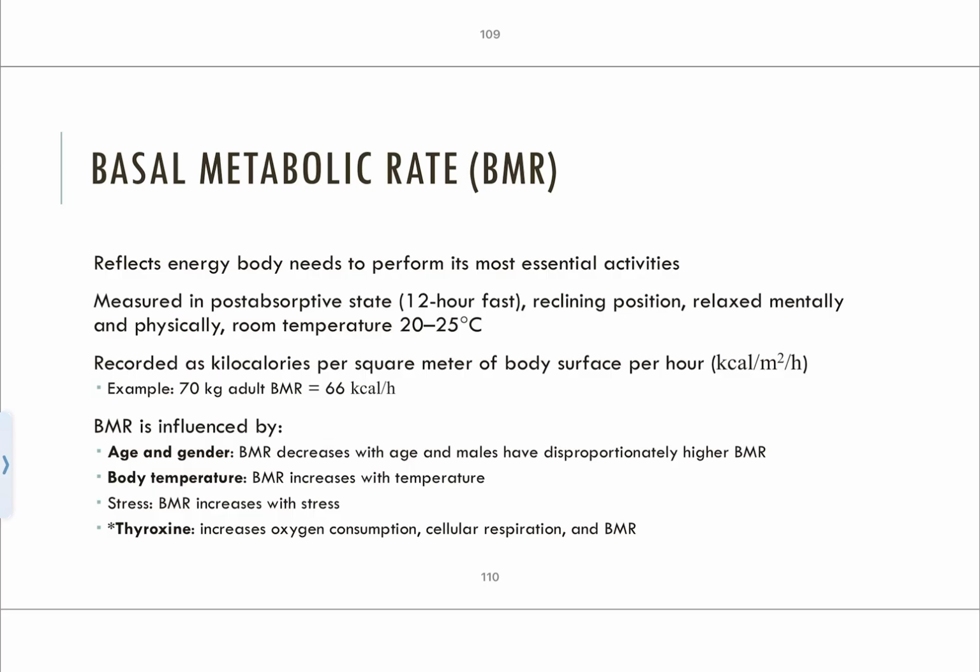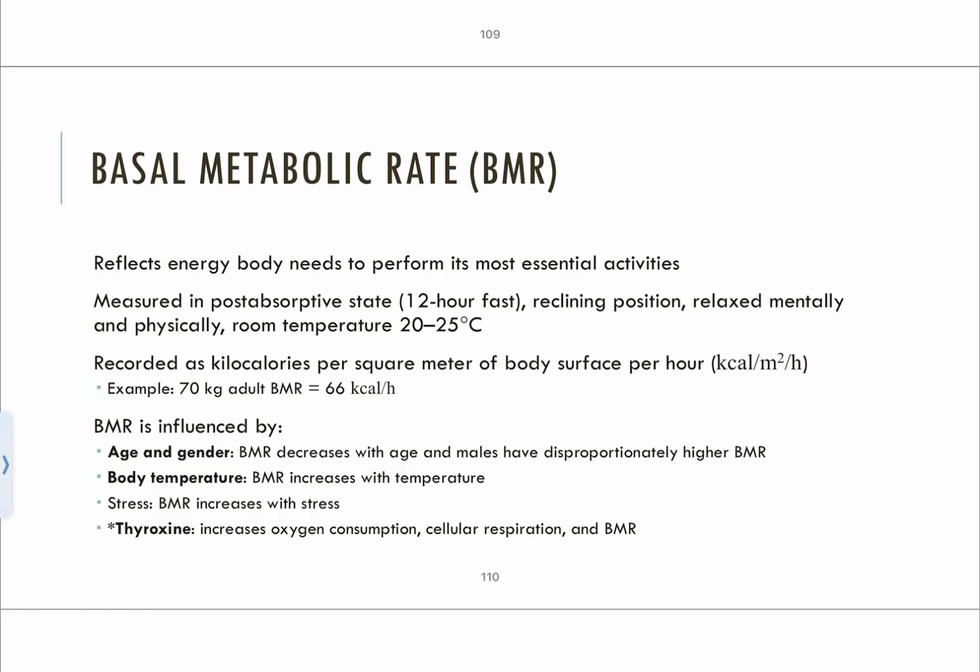It's measured in the post-absorptive state, typically in a reclining position where you are relaxed both physically and mentally. And for an accurate BMR, you typically want to be at a room temperature of about 20 to 25 degrees Celsius.